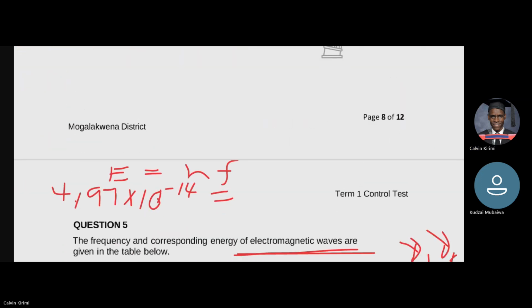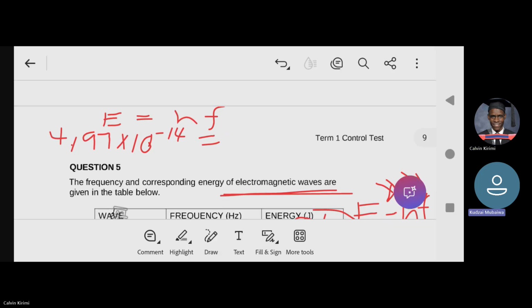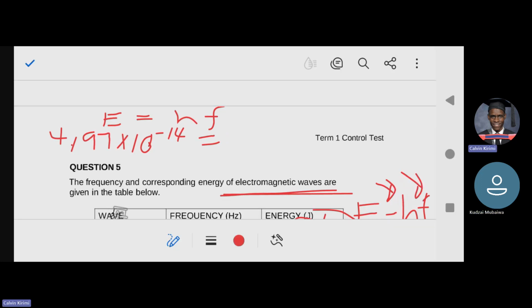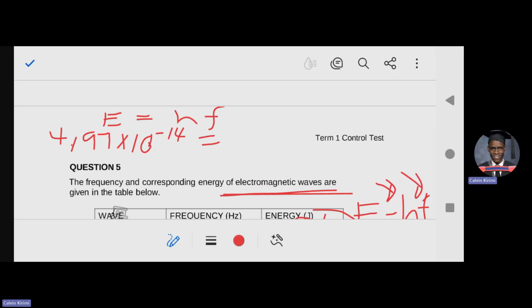So we say our Planck's constant is 6.63 times 10 to the power negative 34, multiplied by f, which you are looking for. If I want f, which means I divide both sides by what?